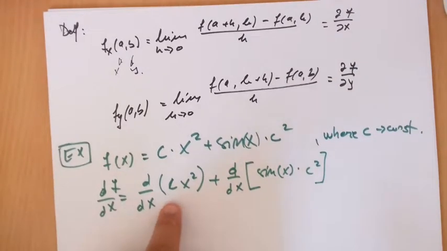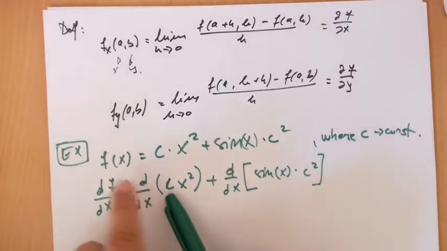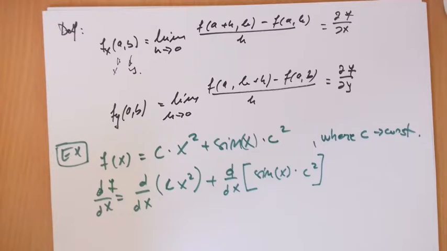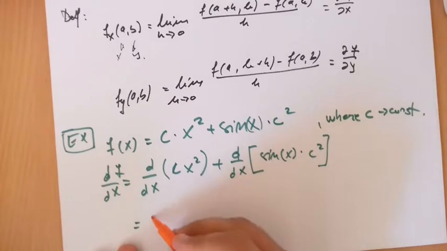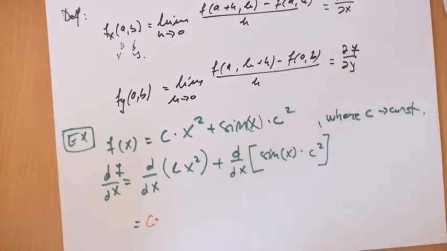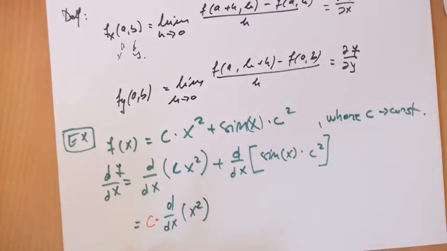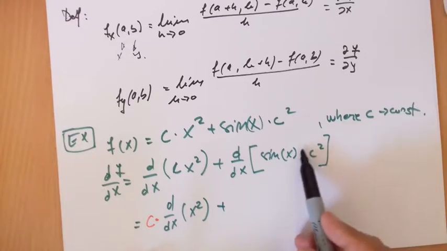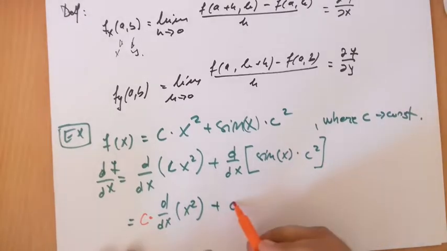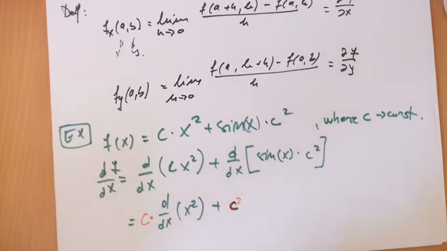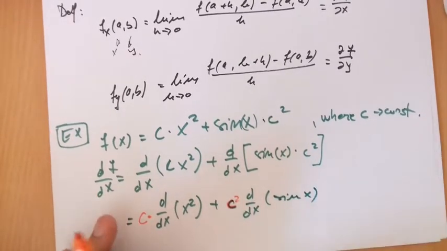When we have a constant, the constant goes out, so we can write this as c, the constant, times d by dx of x squared, plus c squared, the constant, times d by dx of sine x.